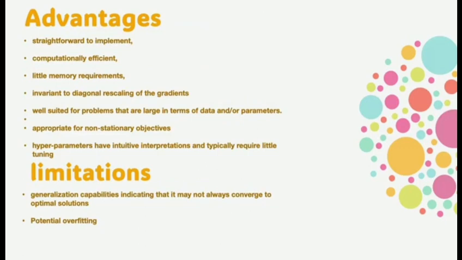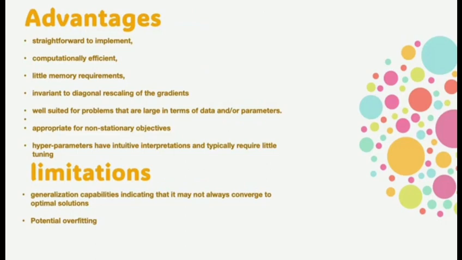There are many advantages of using ADAM. It is straightforward to implement, computationally efficient, and uses little memory, and it is invariant to diagonal rescaling of the gradient, and it is well suited for problems that have large data or large parameters.